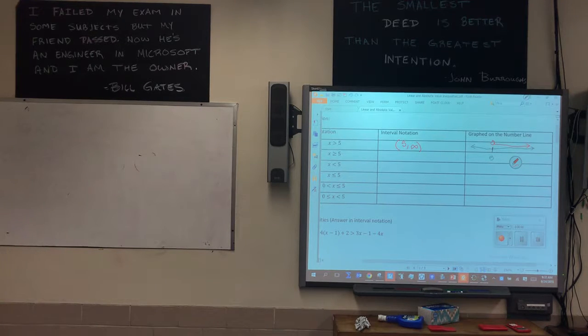Essentially, what we're doing, guys, is that this number here is always the first number, whether you're including it or not. It is the first number that is identified in your solutions. So when I draw this, 5 is helping me define my solutions. So that's the first number. This is the last number that I see, and it's got to be in chronological order. It's got to be from left to right.